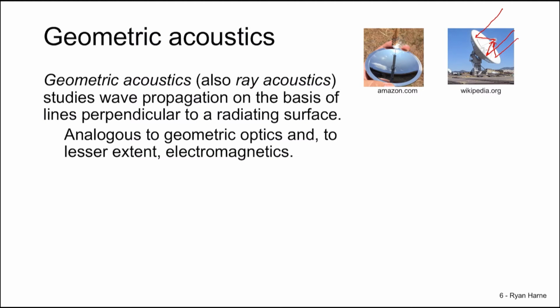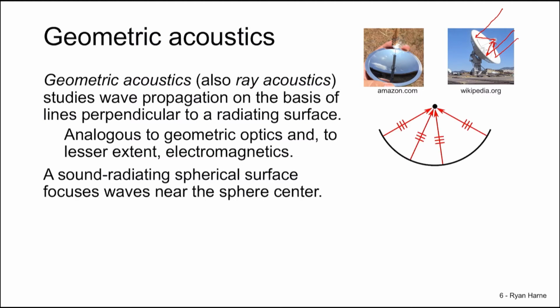For the case of a sphere, sound radiating spheres will focus near the sphere center. This is quite intuitive. Received signals to a spherical surface, though, do not focus at the spherical center. But if it's radiated, it's one great way of focusing acoustic waves.